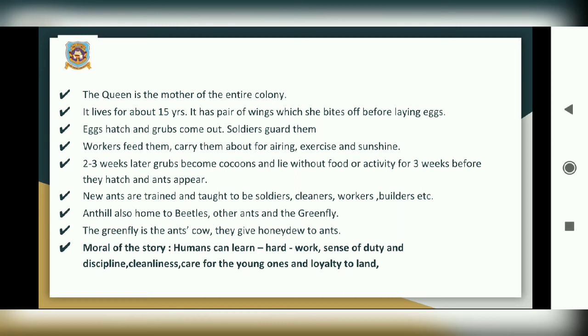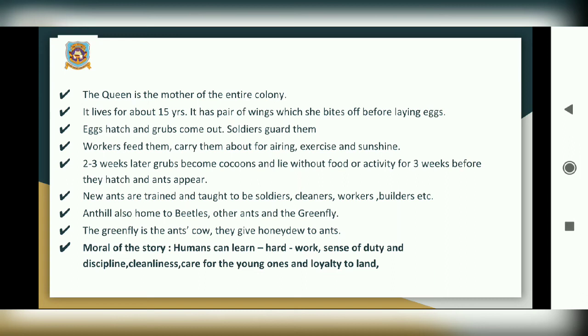Some give off smells pleasant to the ant senses, others give sweet juices, and some are just pets or playthings, like cats and dogs to human beings. And particularly the greenfly is the ants' cow. The ants train it to give honeydew with a touch of its antenna.